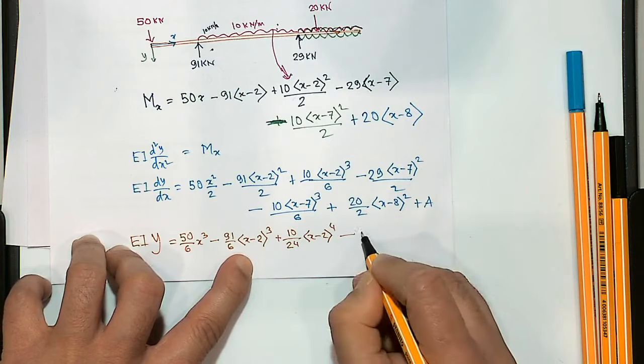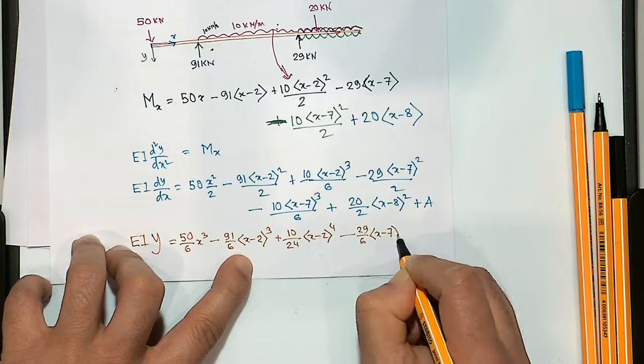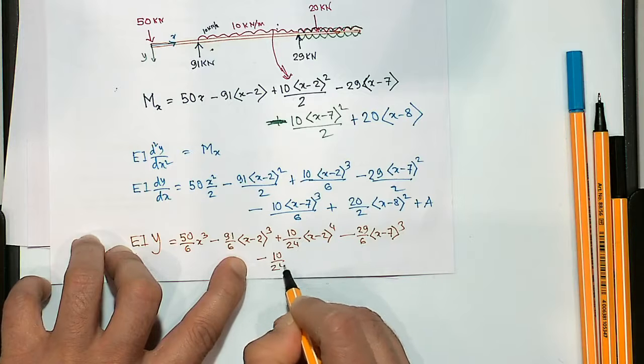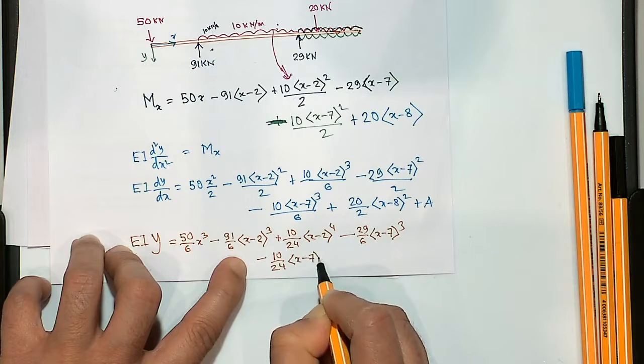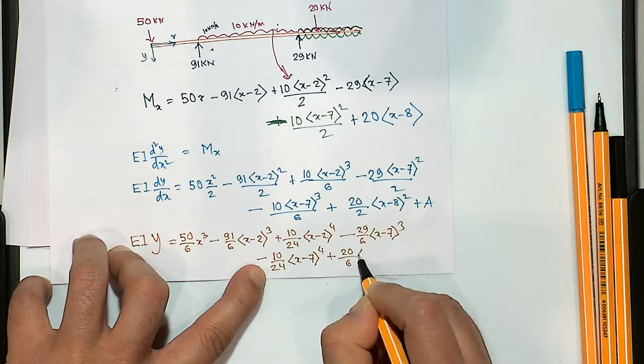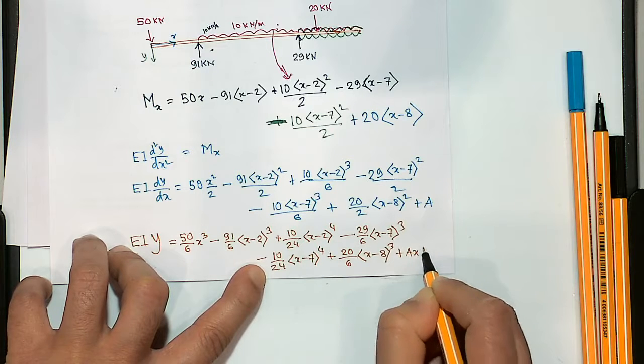That would be cubed, so 29 over 6 (x minus 7) cubed. And minus, that would be 4, 10 over 24 (x minus 7) to the power 4, and that would be cubed, 20 over 6 (x minus 8) cubed, plus ax plus b.